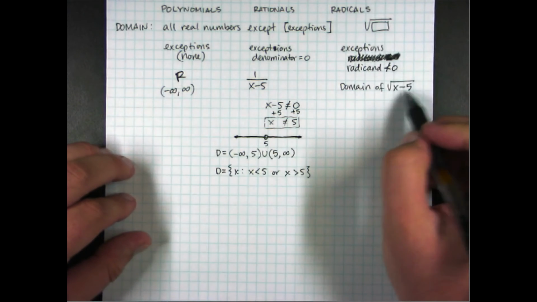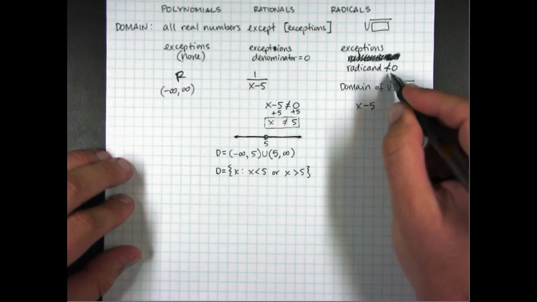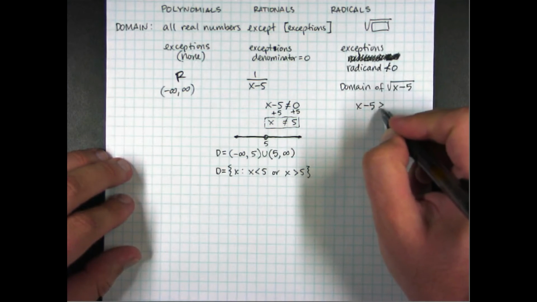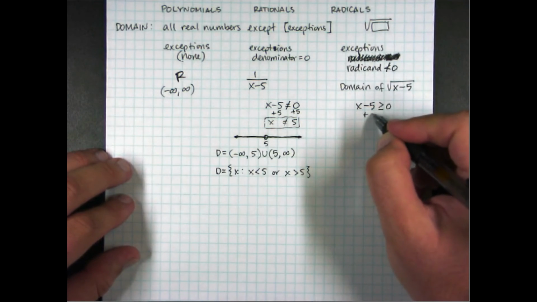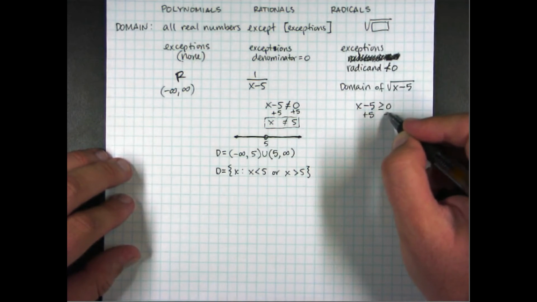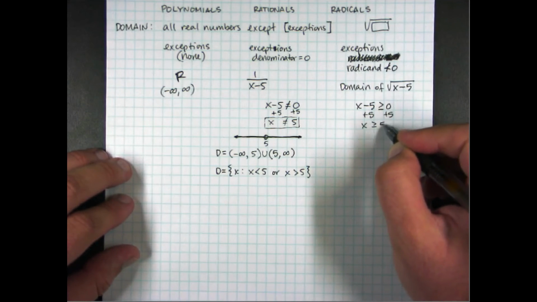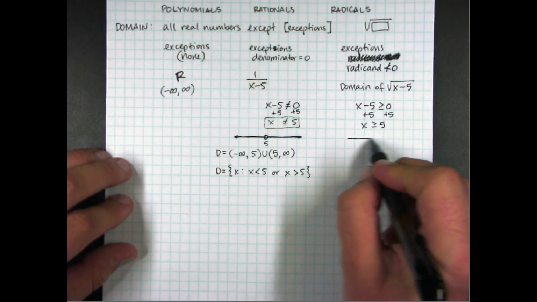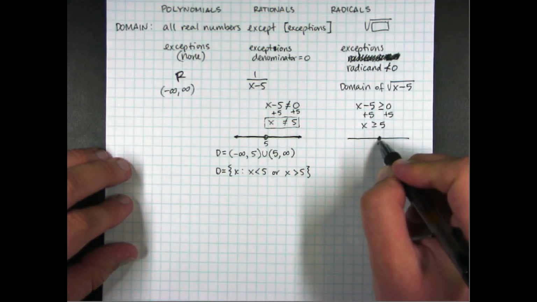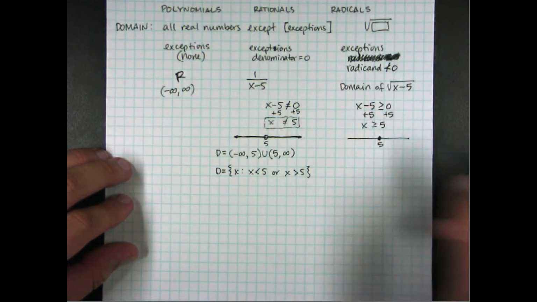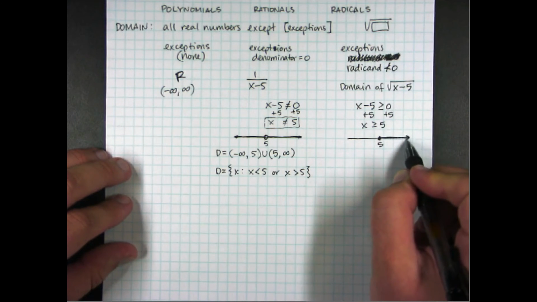The radicand here is x minus 5, so I know that x minus 5 cannot be less than 0, so it has to be greater than or equal to 0. If I add 5 to both sides, then I see that x has to be greater than or equal to 5. Plot that on a line. Closed circle to show that it can be equal to 5, and then shaded after that to show that it can be greater.